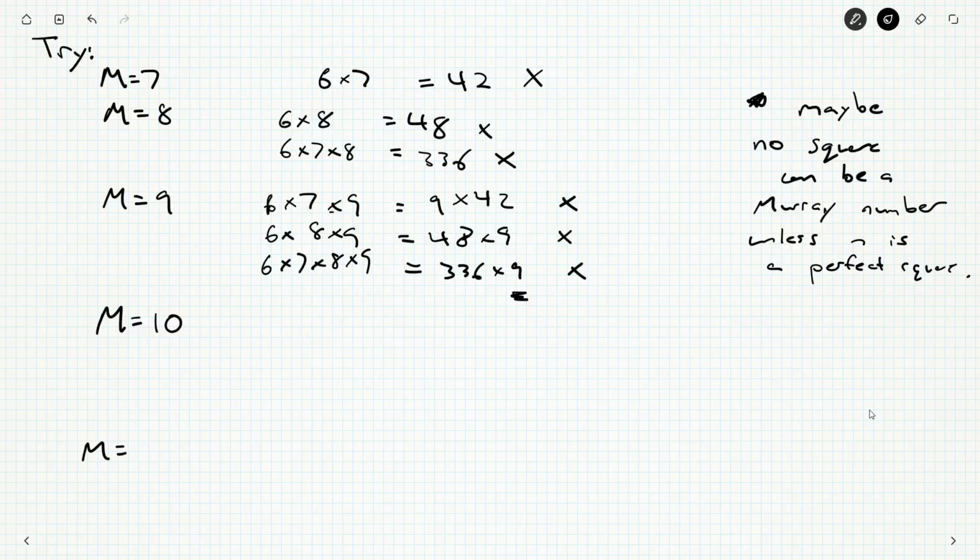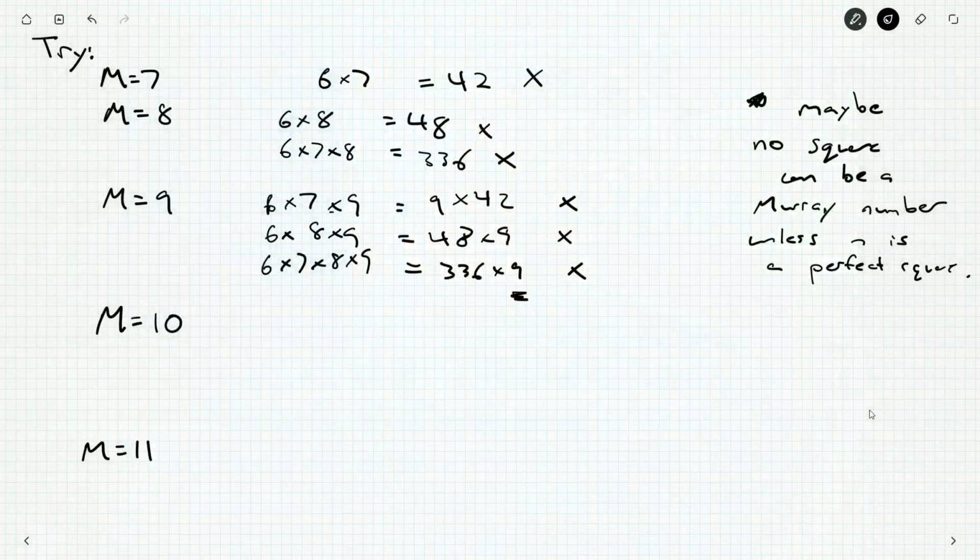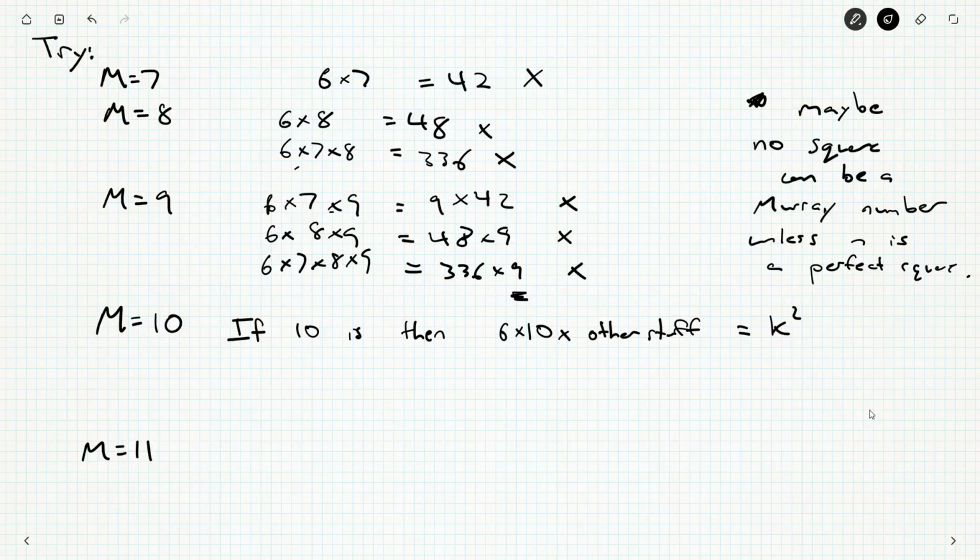So we've got 10 and 11 left to do, and these are going to get ridiculous. I'm going to have to grab my calculator. So we ask ourselves, is there a faster way to do this? If 10 is the Murray number, then 6 times 10 times some other stuff is a perfect square, k squared. That means 5, which divides 10, which divides 60, divides k squared. So 5 has to divide k, because it's prime.